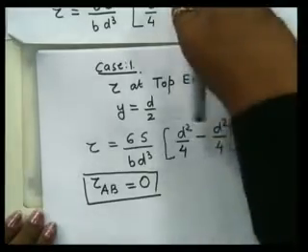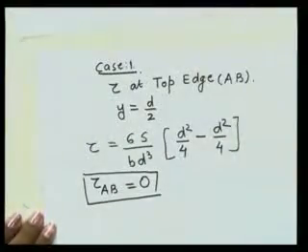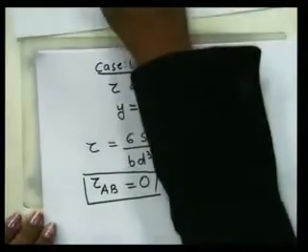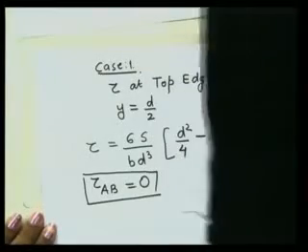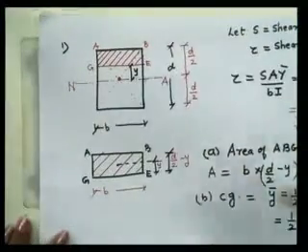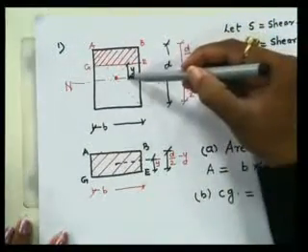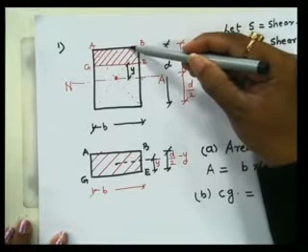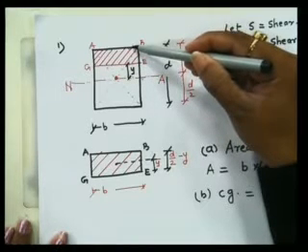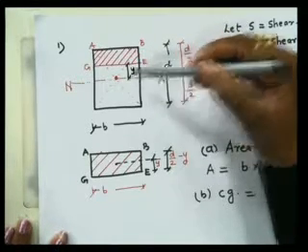Now we come to find out the value of tau at neutral axis. So at neutral axis, what is the value of y? At neutral axis, the value of y is equal to 0, because y increases from here to the top edge. At top edge it was d by 2 and at neutral axis it is 0.